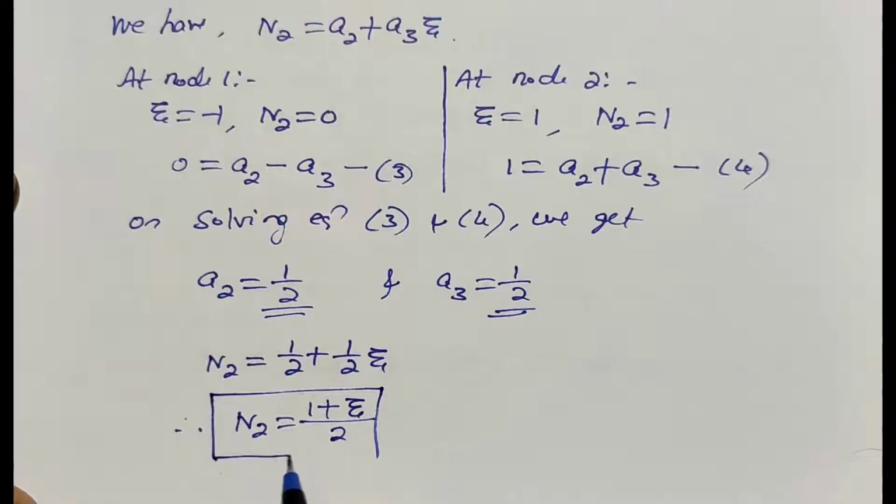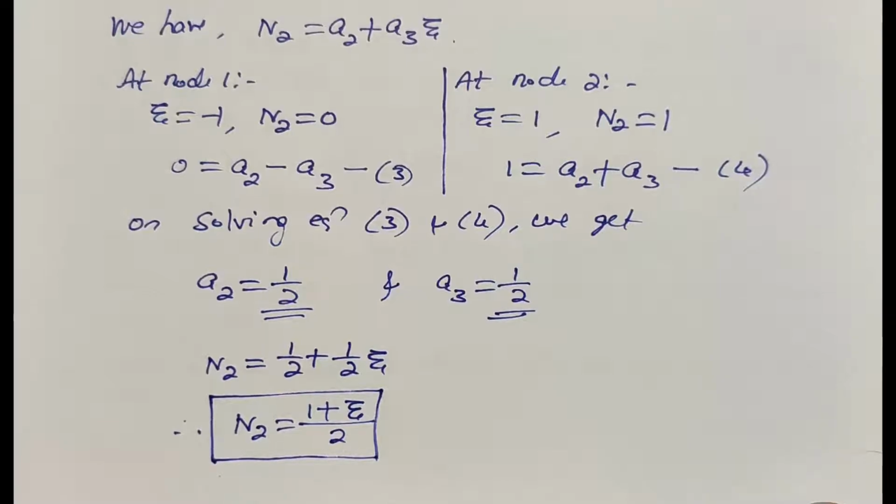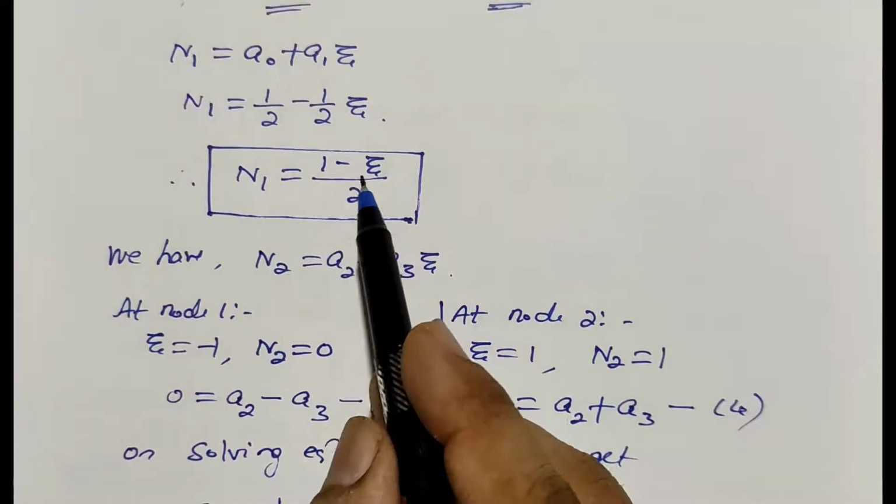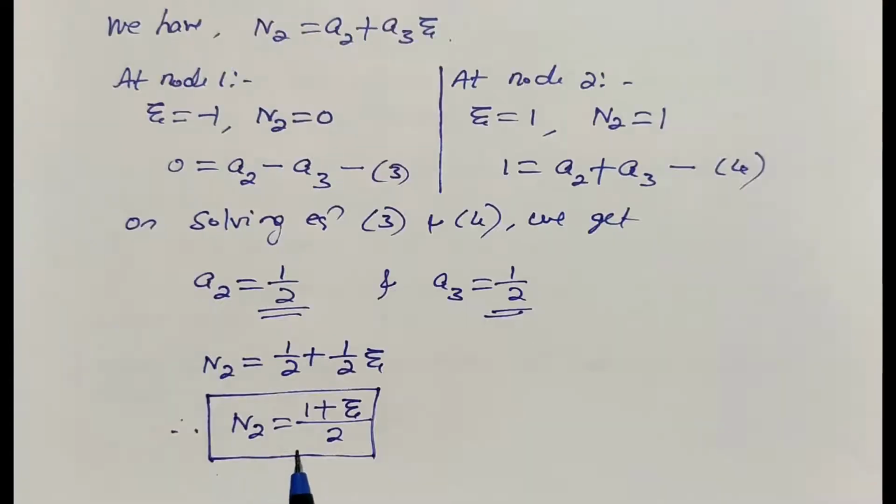So this is N2, 1 plus zeta by 2. Therefore, the shape functions for 1D bar elements are N1 is equal to 1 minus zeta by 2 and N2 is equal to 1 plus zeta by 2. These two are the shape functions for 1D bar element.